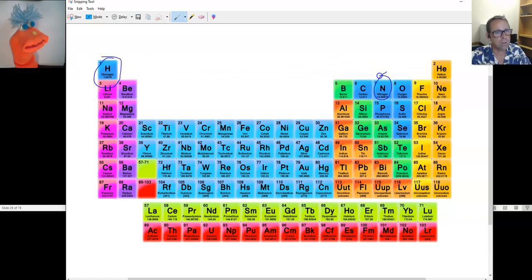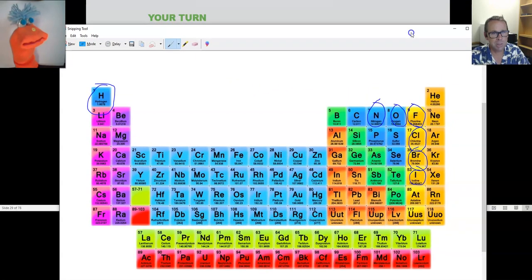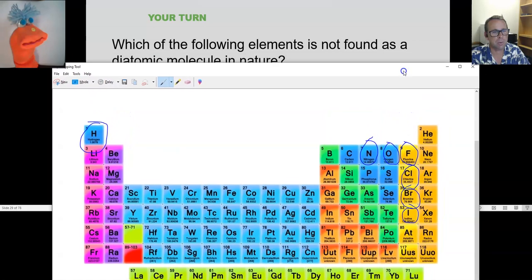Nitrogen, oxygen, fluorine, chlorine, bromine, iodine. Sulfur sometimes will be not just diatomic, but have many atoms coming together into molecules. But these are our diatomic molecule or diatomic elements that we have to remember.